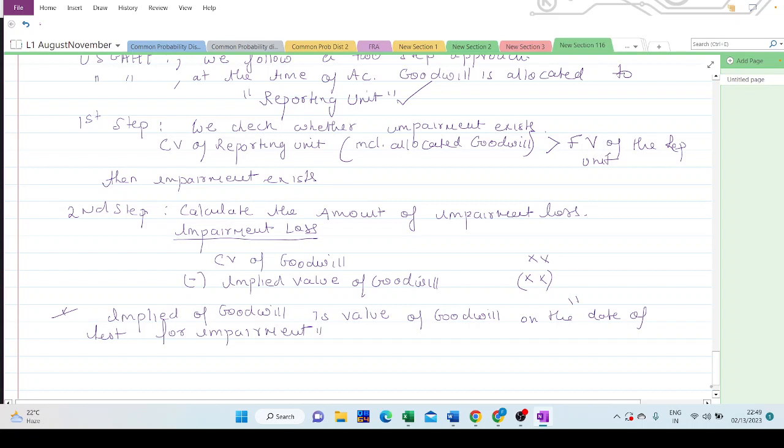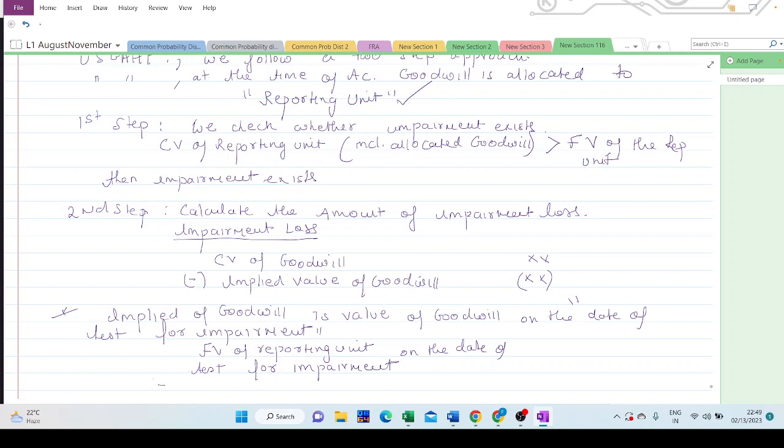ठीक है ना? So what we do to calculate implied goodwill is that we look at the fair value of the reporting unit on the date of test for impairment, and from this we would deduct the fair value of net identifiable assets.